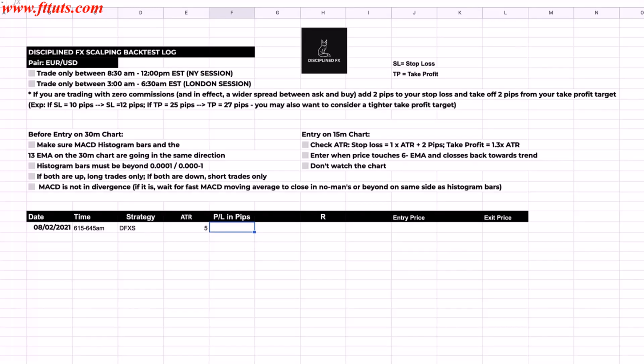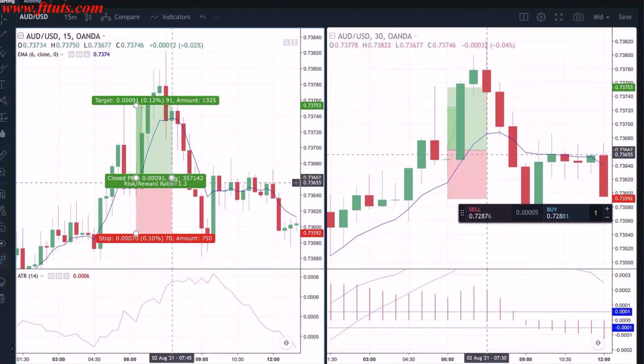Pips profit loss were 9.1. And our R, since we return 1.3 times what we risked, is 1.3. And then you can add the entry and exit price as well. So you keep doing that. You go back and you test as many days as you can. So we'll do the next day now.